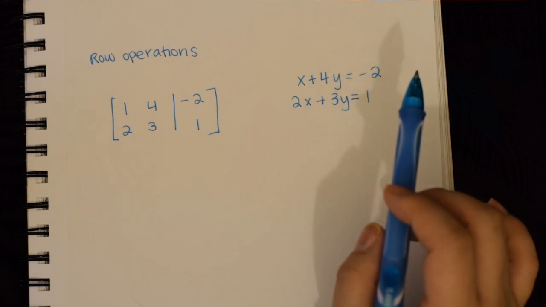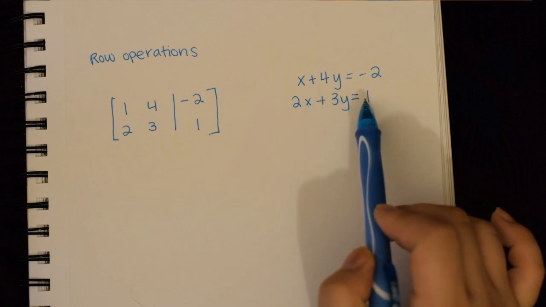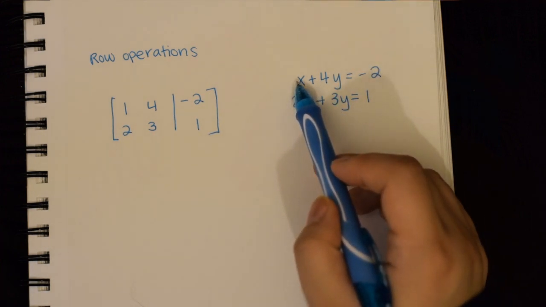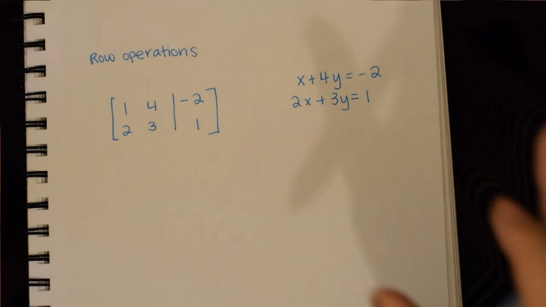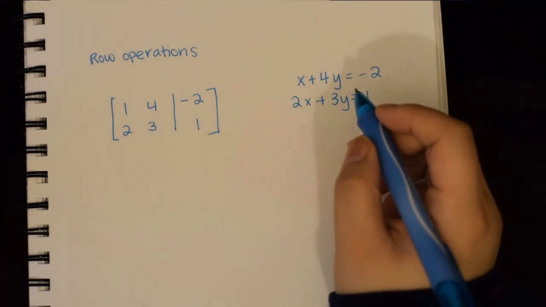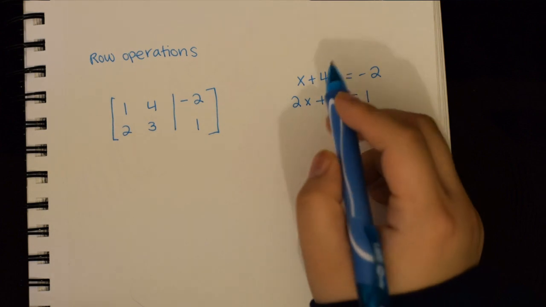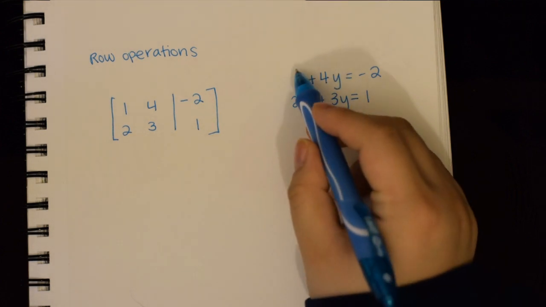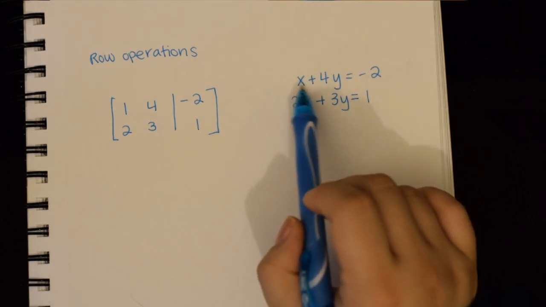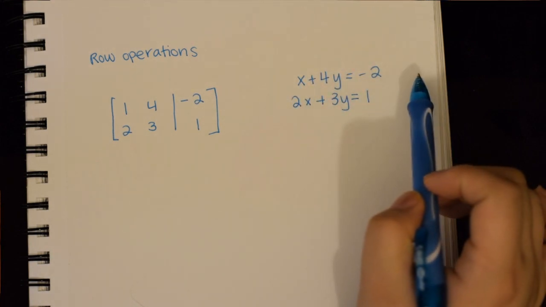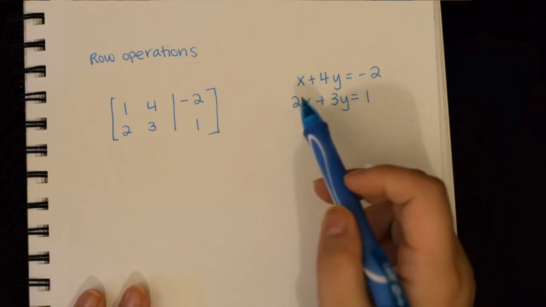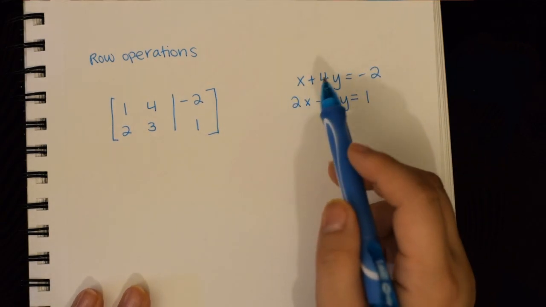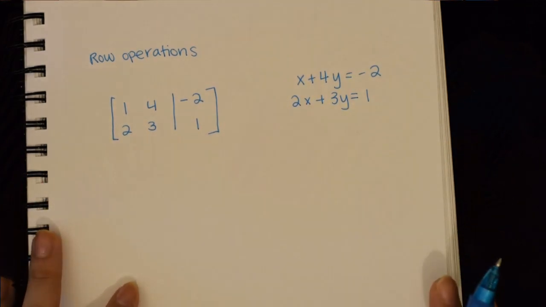So the x's go away, and then, of course, you have to do the rest. Or you can just multiply by -2 and add, which ends up being the same thing. But the key thing is you're essentially multiplying an entire equation, right? So that's an example of a step that you would be doing and a row operation.